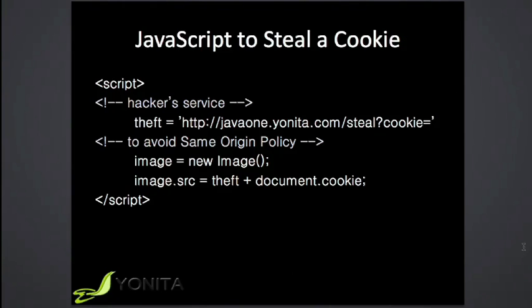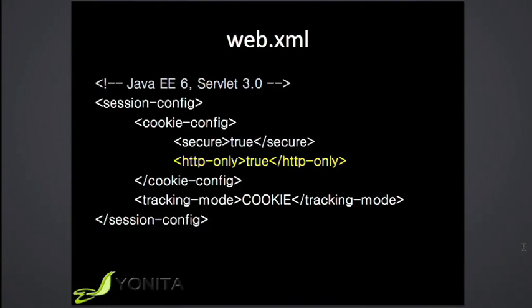How can we avoid this kind of attack? We can use one more cookie configuration parameter, which is HttpOnly. This parameter was introduced by Microsoft in Internet Explorer version 6, as far as I remember. It was to prevent XSS cross-site scripting attacks.